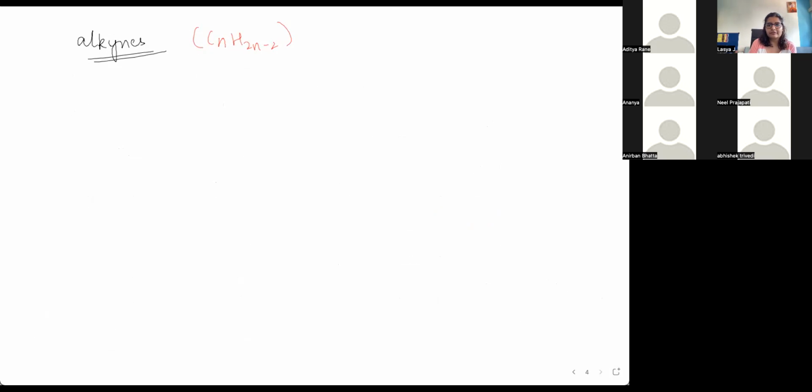All right. First one. Elena? Which is the seventh member of alkyne? Octene. Alkyne. Octyne, with the -yne, yes. So the formula will be C8H14.